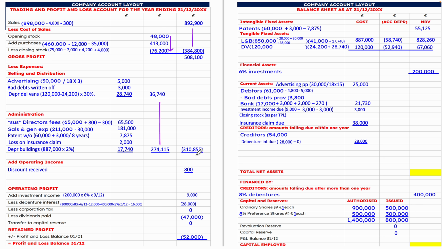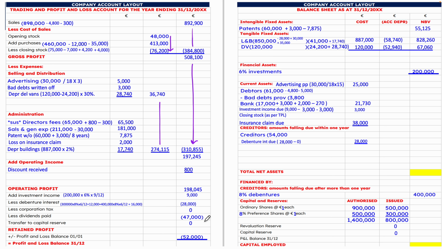We add these two together, we get 310,855, which we take away from our gross profit, and that'll give me 197,245. I add my 800, and that'll give me an operating profit of 198,045. I add my investment income, I take away my debenture interest. I've got no corporation tax here. They didn't give me an adjustment to do, but there would be corporation tax.